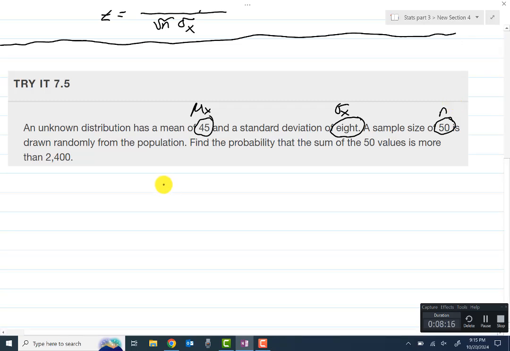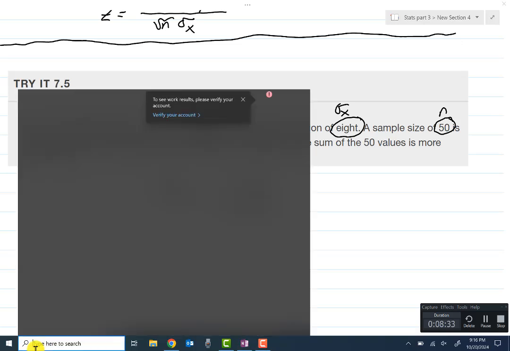So let's start here first. Let's get the mean of this, and that's going to equal n times mu x. The n is 50, mu x is 45. Let me grab the calculator and get that number.